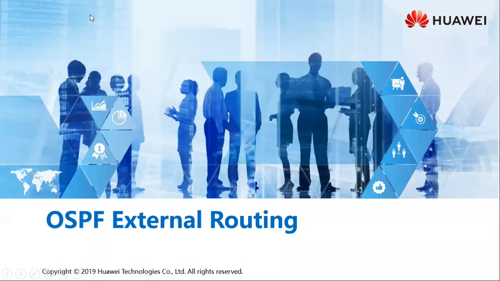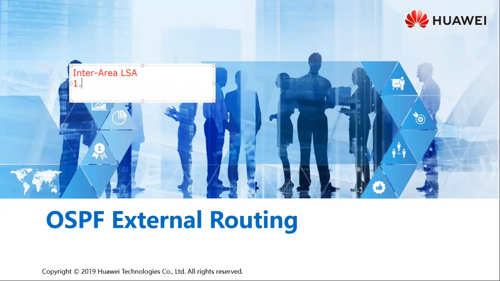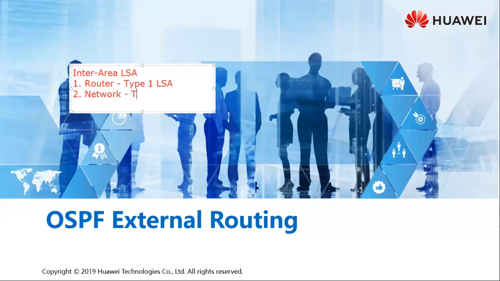Just as a reminder, so far we've looked at inter-area routing, and when we talked of inter-area, we looked at several LSAs. That is the router LSA and the network LSA. So we said this is called type 1 LSA, and we've also looked at this one here, which is called type 2 LSA.